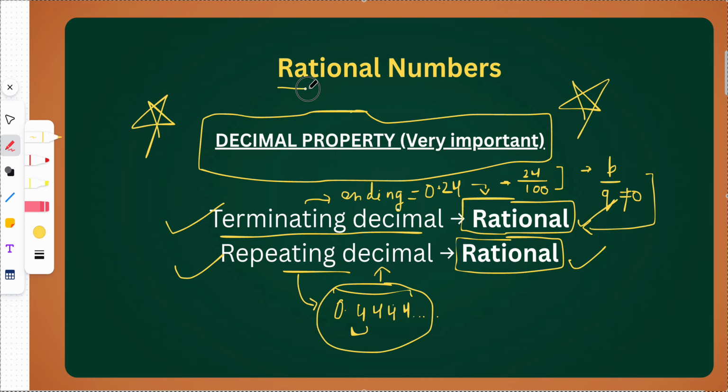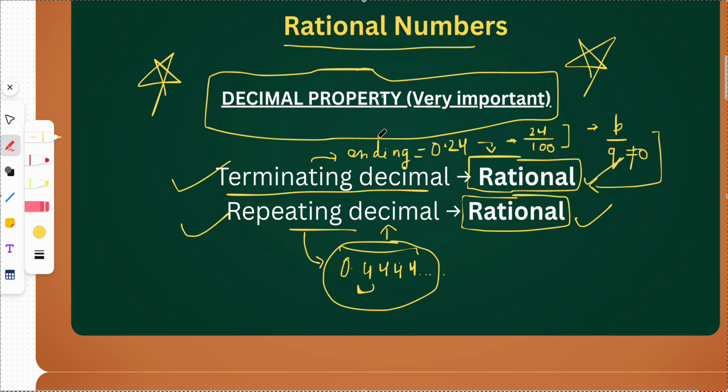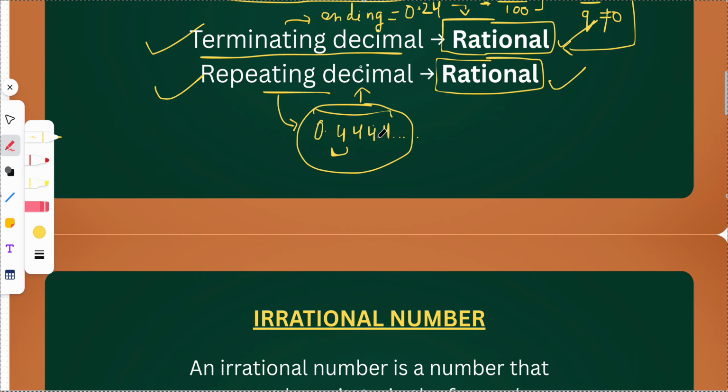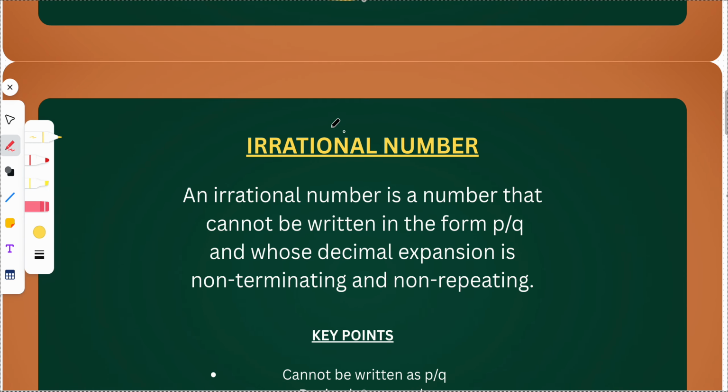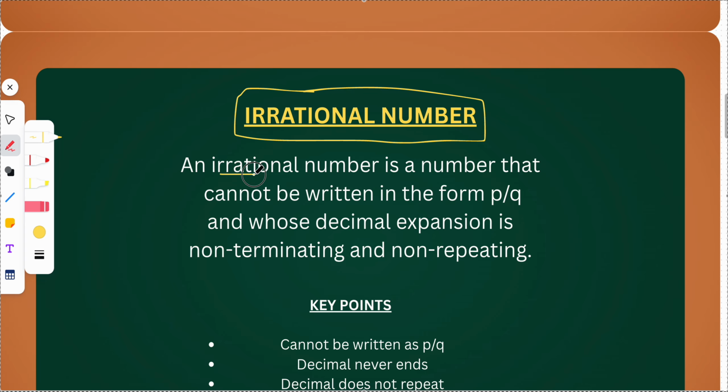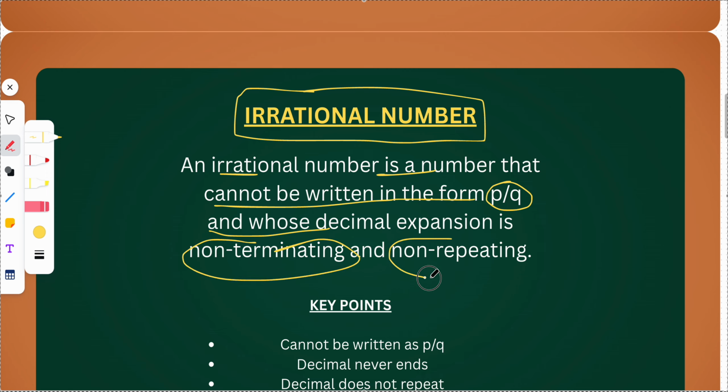Got it? Now let's move forward, and let's discuss what an irrational number is. What is an irrational number? So an irrational number is a number that cannot be written in the form of p by q, and whose decimal expansion is non-terminating and non-repeating.